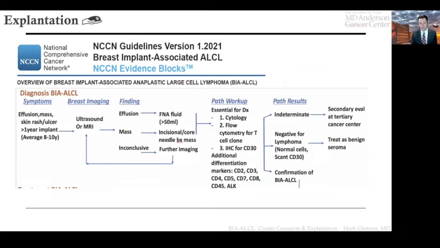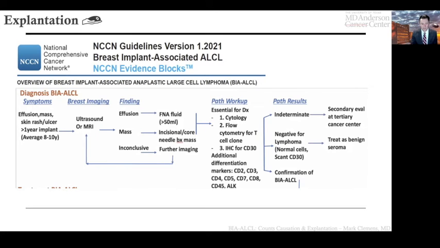Based upon this, we have developed at MD Anderson best practice techniques for testing for breast implant associated ALCL, and this is through the National Comprehensive Cancer Network. The most common presentation of this lymphoma is a large fluid collection developing around a breast implant approximately a decade after receiving the implant.